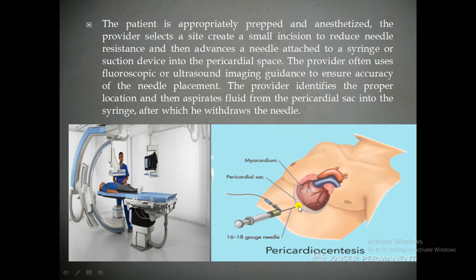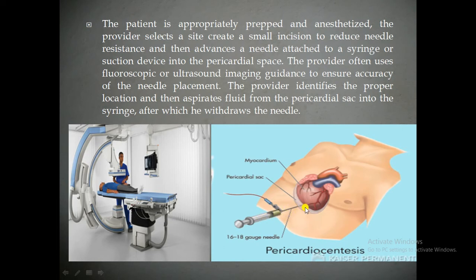After inserting the needle, which is attached to a syringe like this, into the pericardium, he will slowly remove the fluid from the sac, and that fluid gets into the syringe.